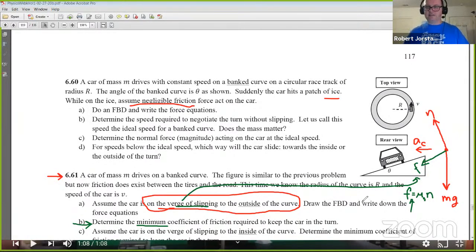In this case, which coordinate system is the wisest to choose? We're trying to get the minimum coefficient of friction. We could choose any coordinate system we want. Do we want one that's straight up and down, or one that's parallel to the plane and perpendicular to the plane?